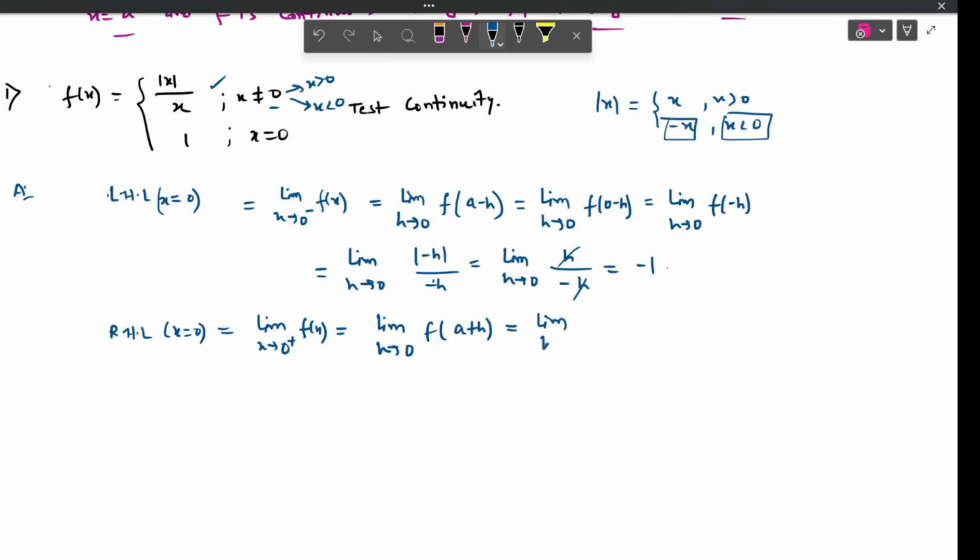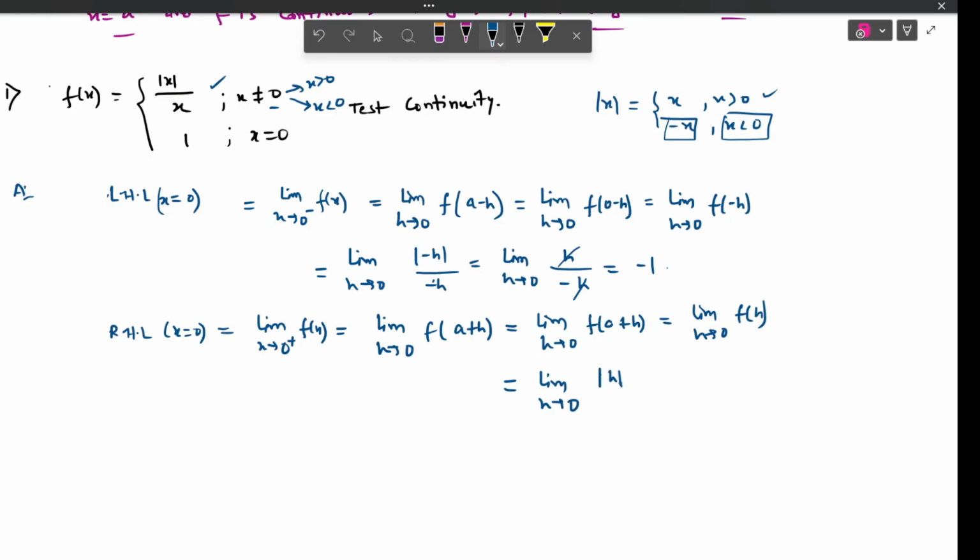So limit h tends to 0, f of 0 plus h, and it would be limit h tends to 0, f of h. So if x is greater than 0, it would be plus x. That means here plus x by plus x, that is plus 1, right? So limit h tends to 0, in place of x you have to write now h.